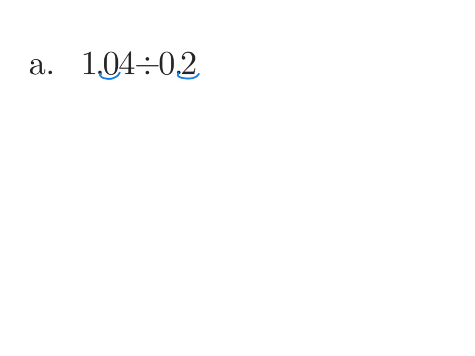So now we have our problem set up so that we can divide. My first number is going to go inside, and now it is going to be 10.4. My 2 goes outside. Alright, so we divide. 2 goes into 10 5 times. 5 times 2 is 10. Subtract, we get 0.